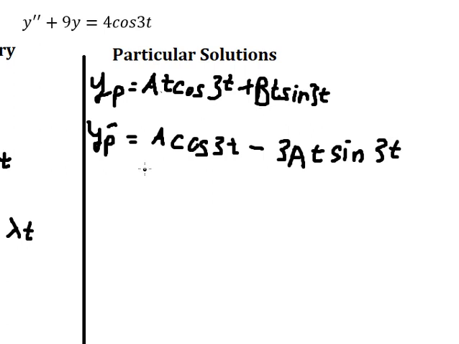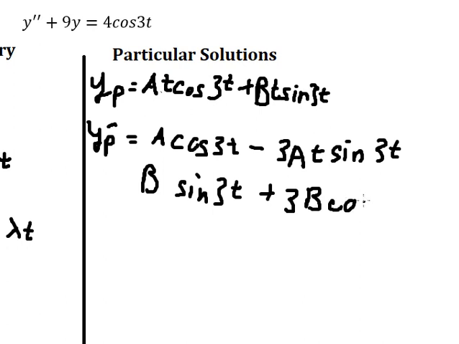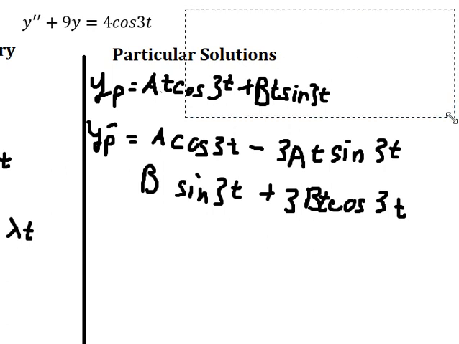Then we have b sine 3t plus 3b cosine 3t, and we have t in here. So I just apply the product rule of the derivative.